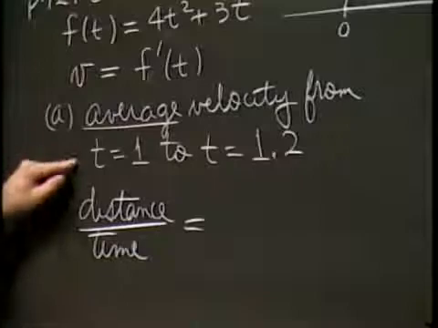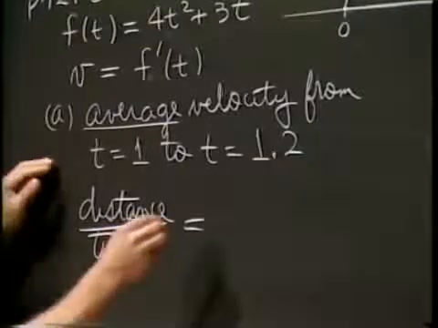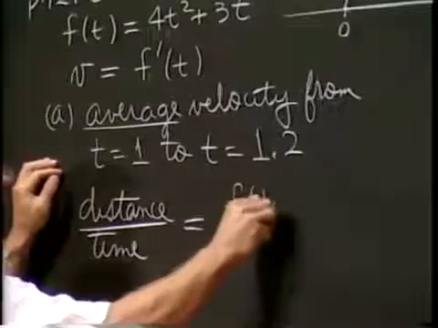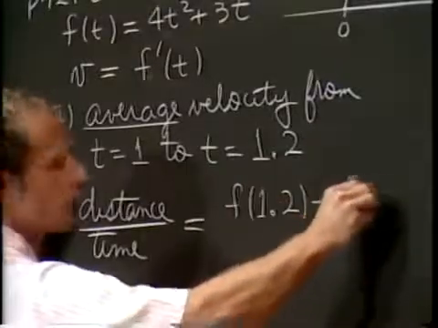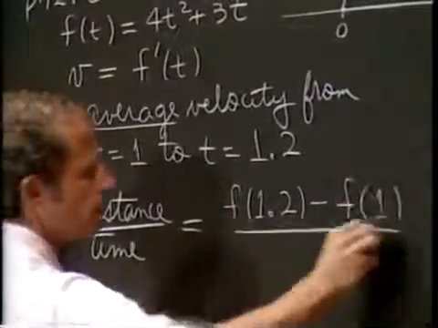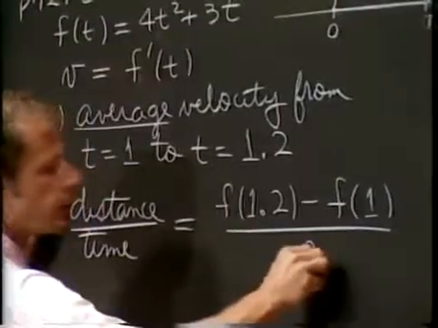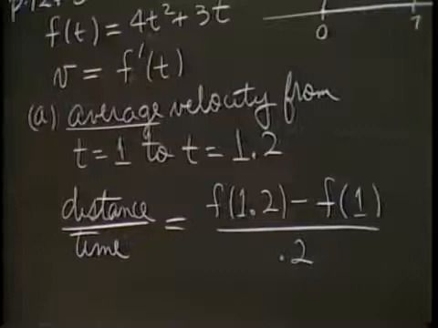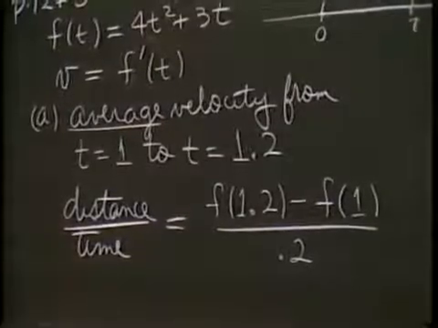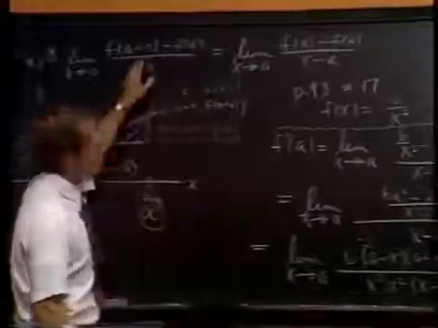Okay. What we have to do then is say that's your final position minus your initial position divided by the time you traveled. Well, that looks familiar. That's close to being exactly what we've been talking about up here.